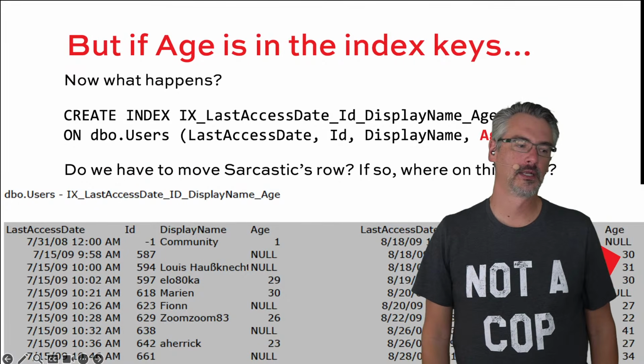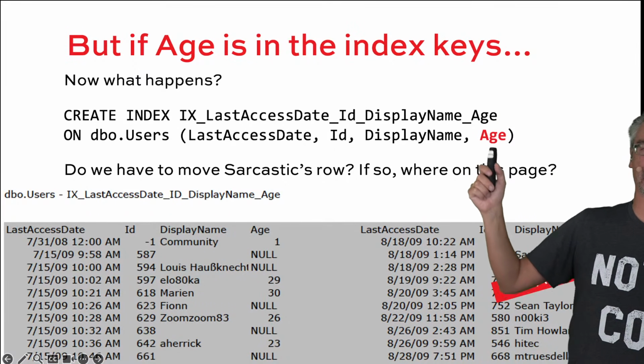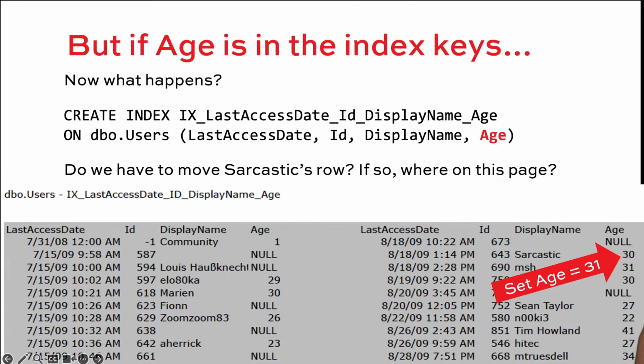Okay, Speedy. When it's in the keys, that's when we're really going to have a problem. All right, show me. If I change Sarcastic's age from 30 to 31, where does Sarcastic move on the page? I mean physically. If you pick him up and move him, where does Sarcastic go?